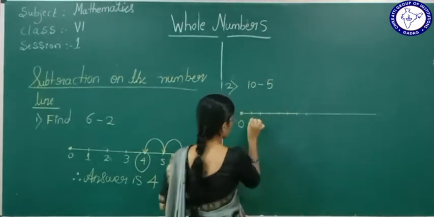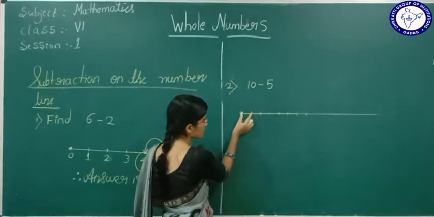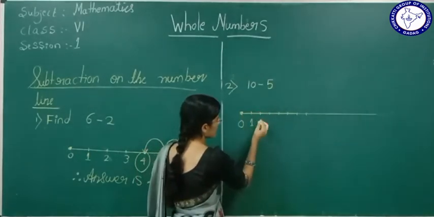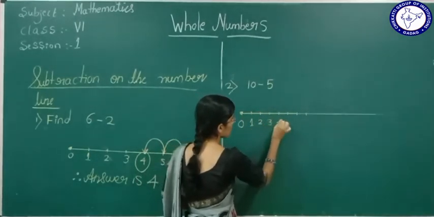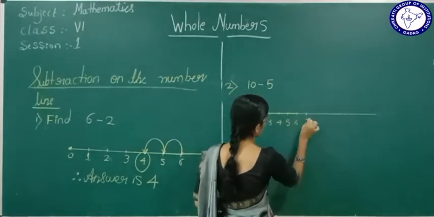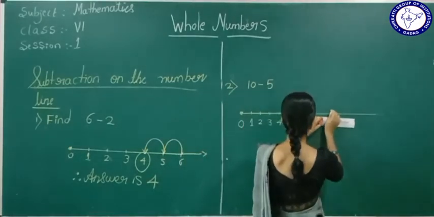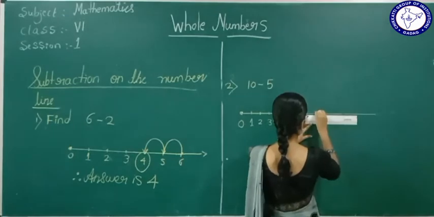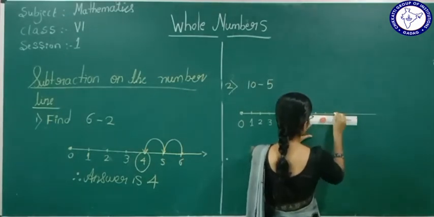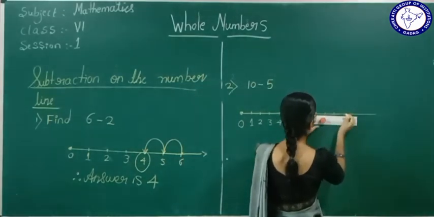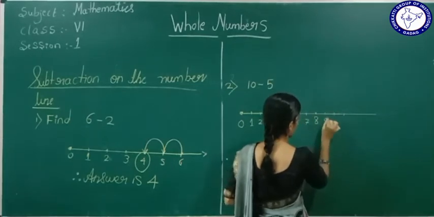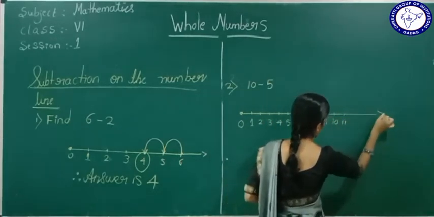Okay, 1. See how much distance we kept? The same distance we have to maintain here. 2, 3, 4, 5, 6, 7, 8, 9, 10, 11. It goes on continuing.